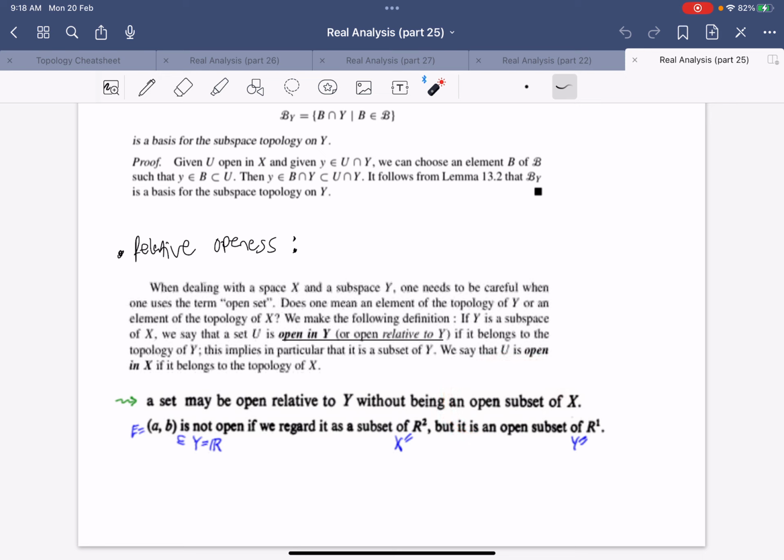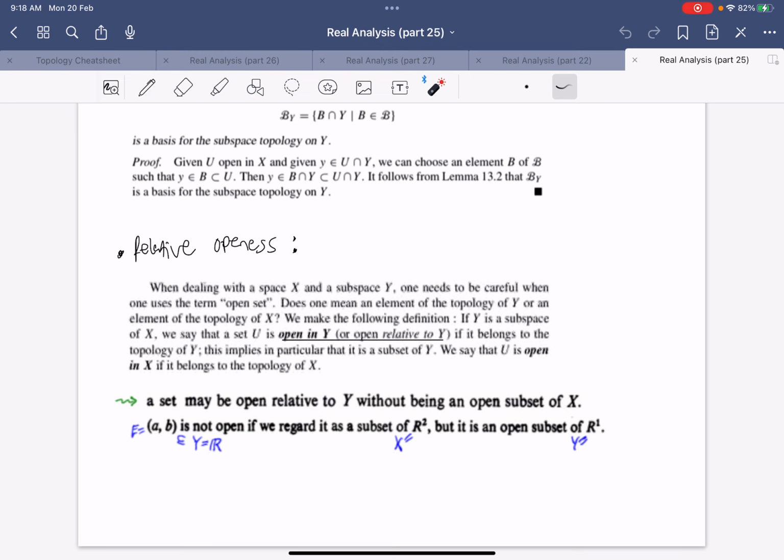And a simple example is if we take an interval from a to b, then this open interval is of course open when we regard it as a subset of R1, but it's not an open set when we regard it as a subset of R2. And you can check why that is so.